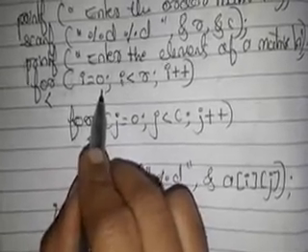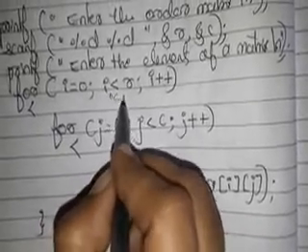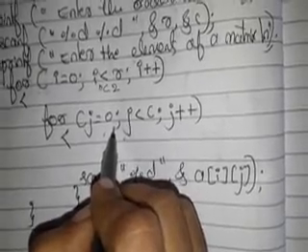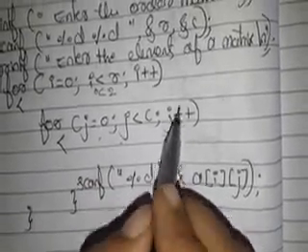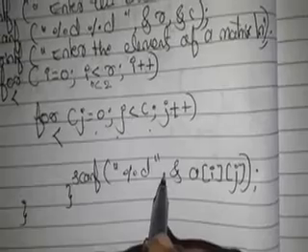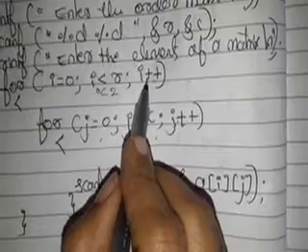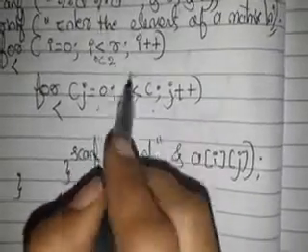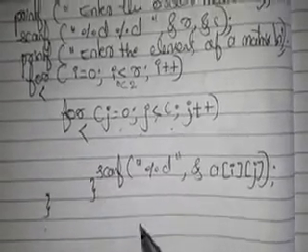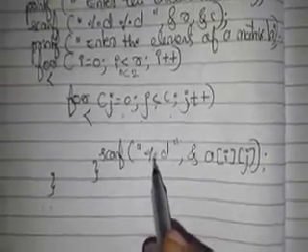Initially i will be 0, it will come inside because here the order is 2. 0 is less than 2, true, it will come inside, j is equal to 0, it will read the first element 0 0, j gets incremented to 1, 1 is less than 2, yes true, again it will read the next element, that is 0 1, j plus plus, it becomes 2, 2 is less than 2, false, so it will go for i plus plus, and the rest of the elements will be read. If you want to see this particular logic of how we read, just refer to the video on arrays in C, uploaded on 1/5/2020.